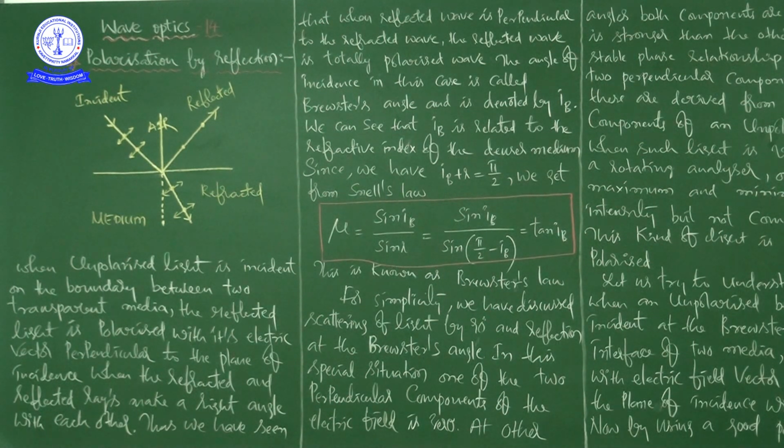For simplicity, we have discussed the scattering of light by 90 degrees and reflection at the Brewster's angle.